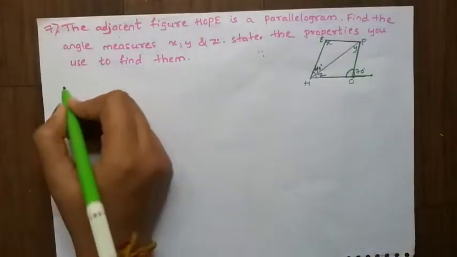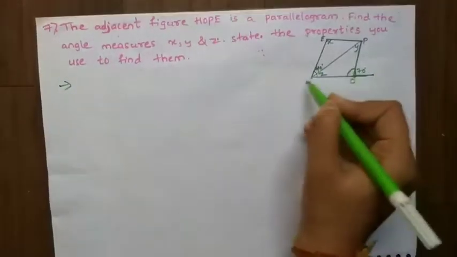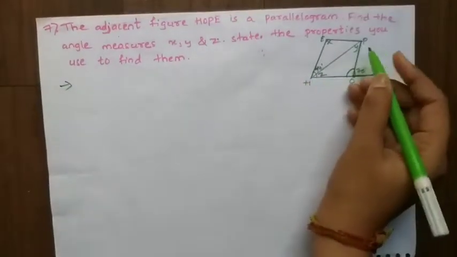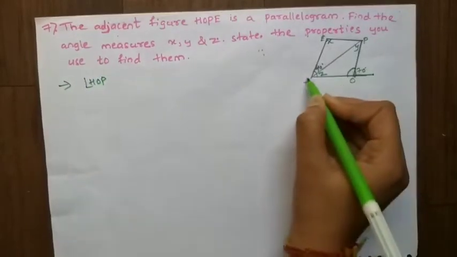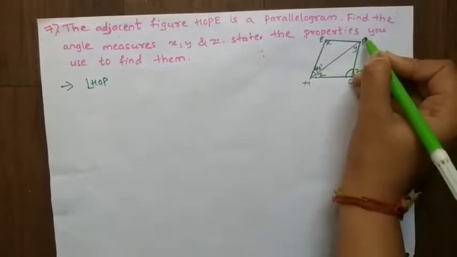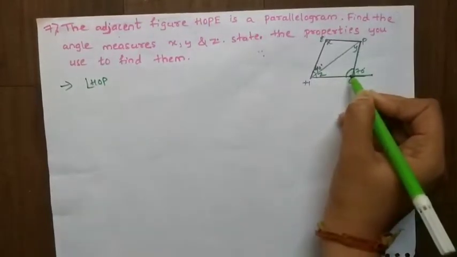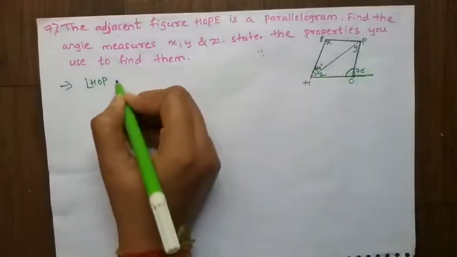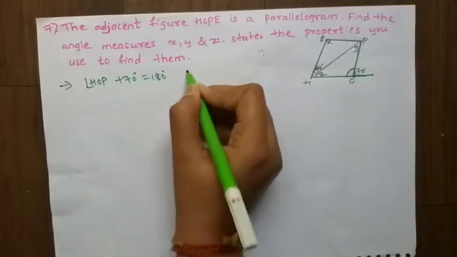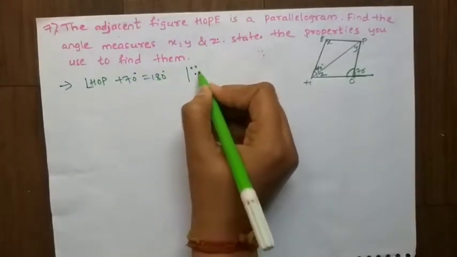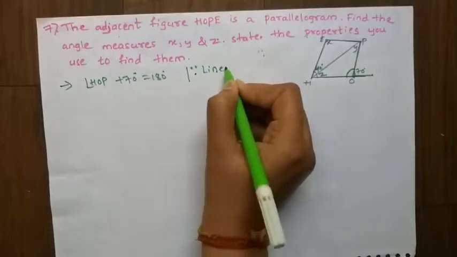So first calculate the value of angle HOP. So right here, angle HOP, this angle, plus one more angle of 70 degrees is equal to 180 degrees, because I am using the condition of a linear pair of angles.